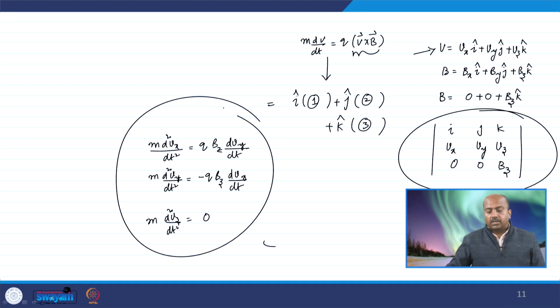These three equations tell you how the particle is moving with time, or how it is changing with respect to time. If you uncouple these three equations, you will get simple equations in terms of Vx, Vy and Vz.